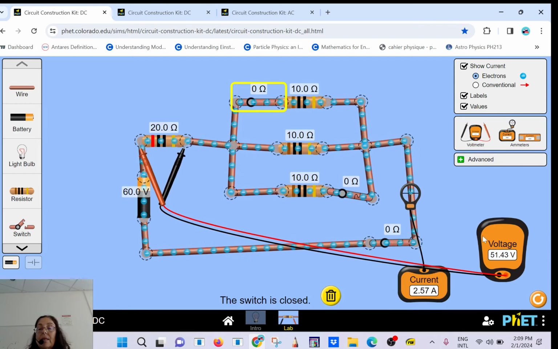And what's the equivalent resistance here? We said 3.333. So if you want to find the voltage across that component, you will say 3.3333 times the current. So do 2.57 times 3.3333333, and you get something like 8.57.